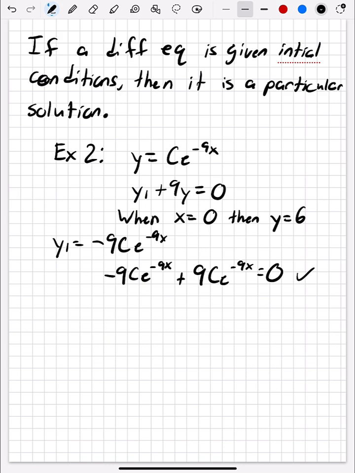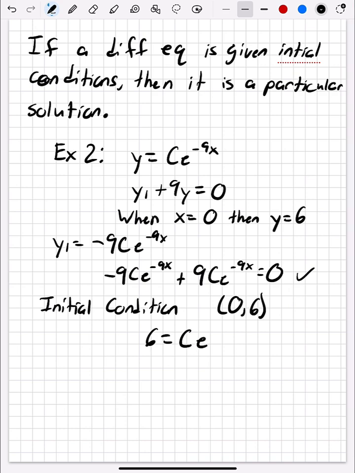All right. But then utilizing the initial condition, what I'm really looking at is to say, well, what is the solution evaluated at the point (0, 6)? Because when x is 0, y is 6. So I'm going to say 6 equals ce to the negative 9 times 0.